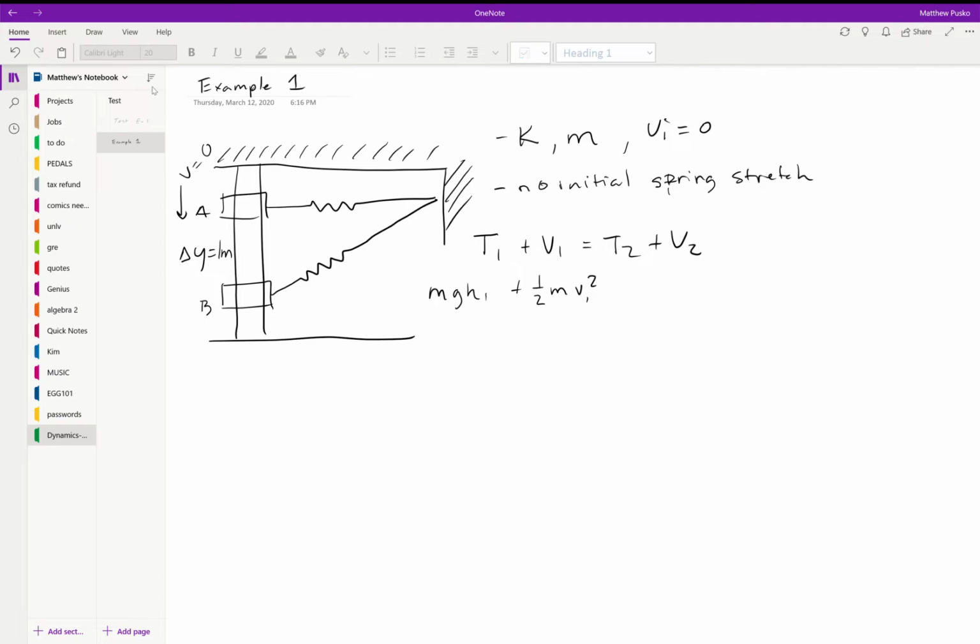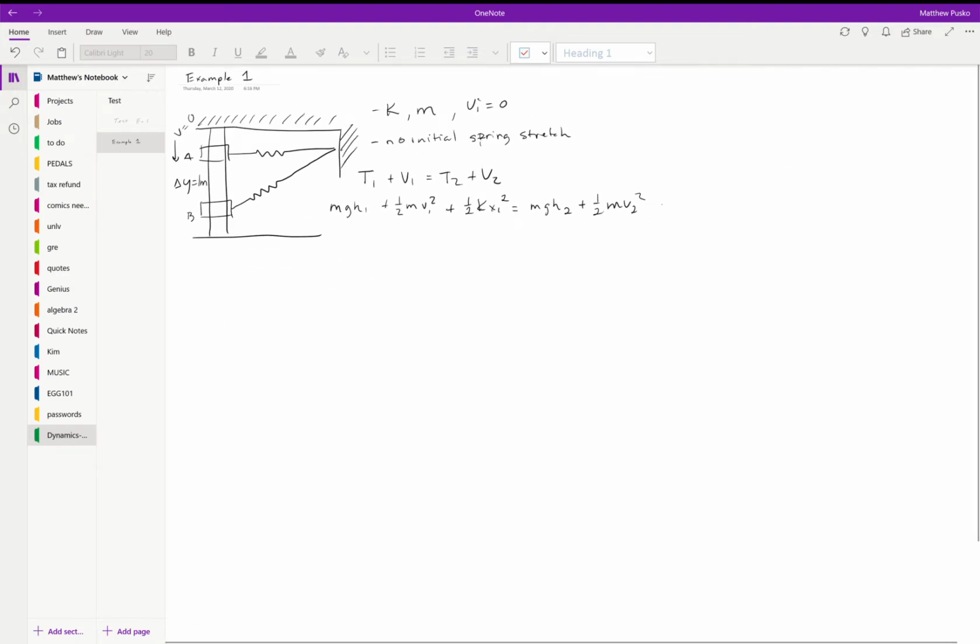And we could also have some initial spring stretch. Call that some x1 squared times k over 2. All of that is going to equal its analogous final state: the gravitational potential at 2, the kinetic energy at 2, and some spring stretch.